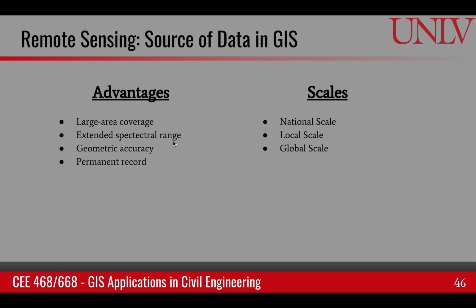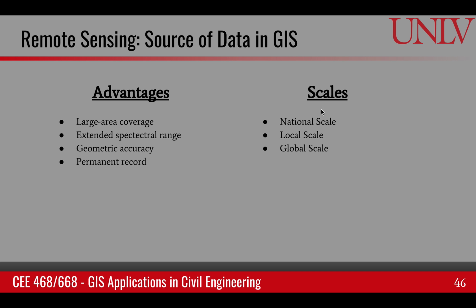So various frequencies can be used to look at the surface. Especially in case of satellites, because they're at a high altitude, it does provide a high geometric accuracy. And lastly, it is a permanent record of the ground surface information.